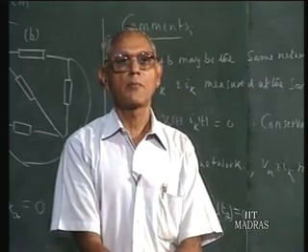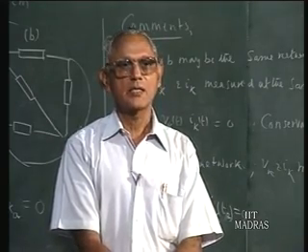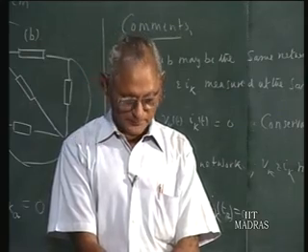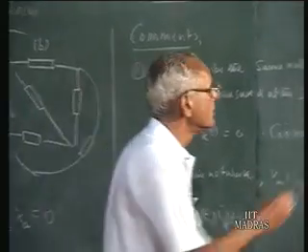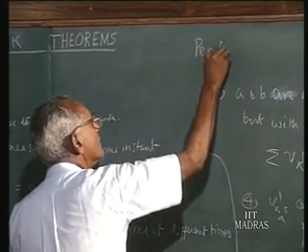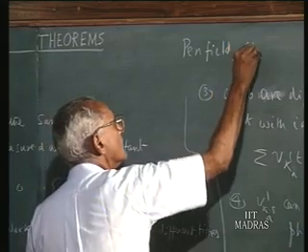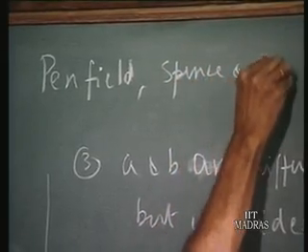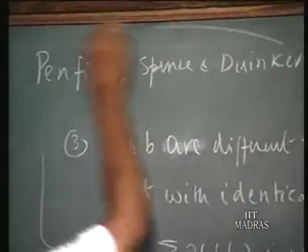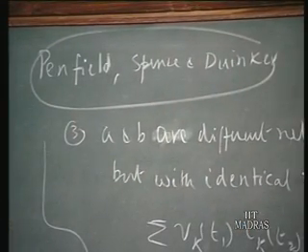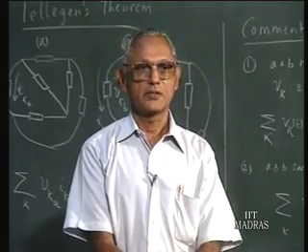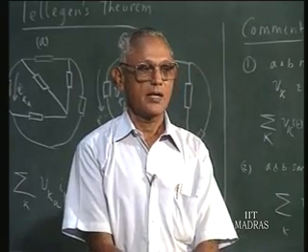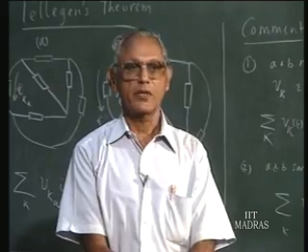It was only later on that people found out the generality of this, and there is a nice book written by Penfield, Spence and Duinker around 1970, titled The Elegance Theorem and its Applications. It shows how the elegance theorem can be employed to prove several other network theorems, and so that is a very general kind of network theorem, and a very important one.